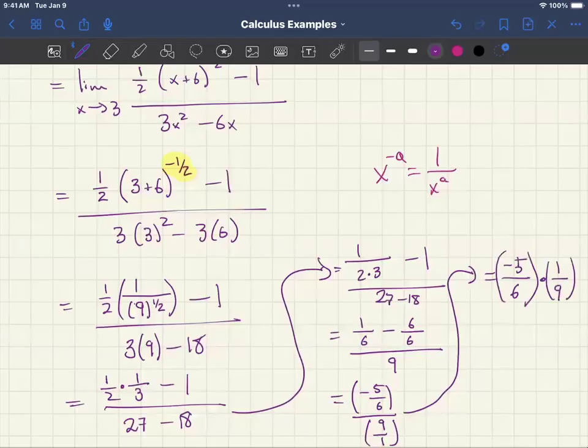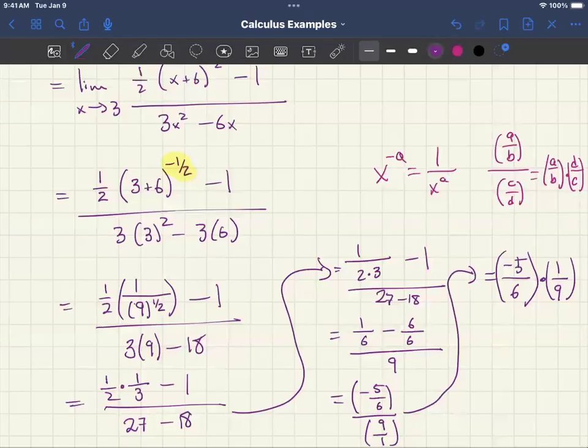We forget how they work. So if we have A over B divided by C over D, we can just flip it and change our division sign to a multiplication sign. So that's what we're going to do here.